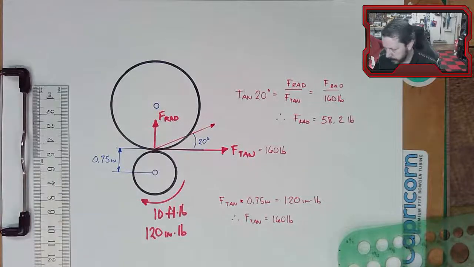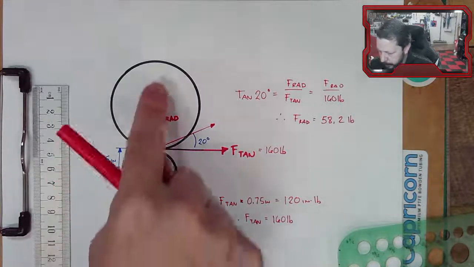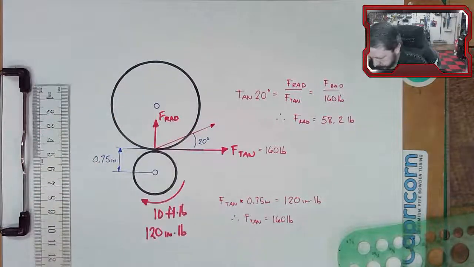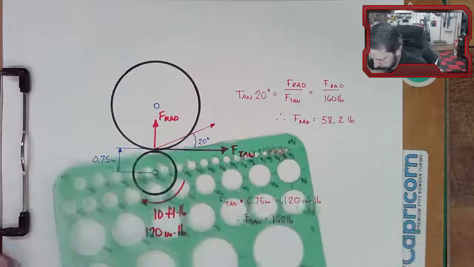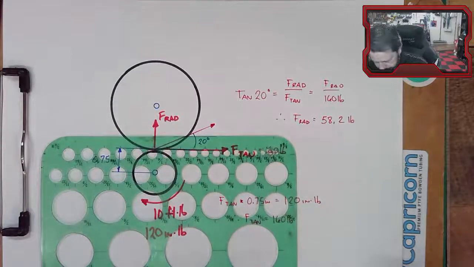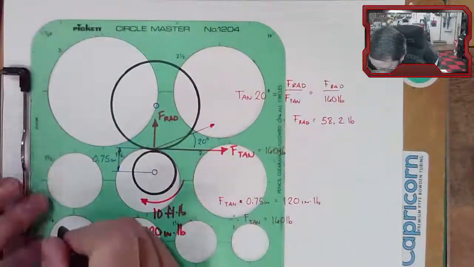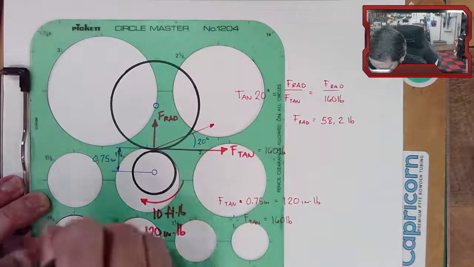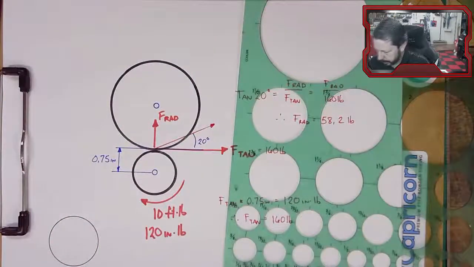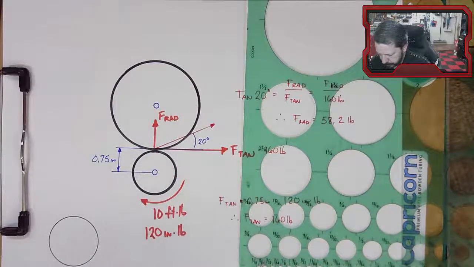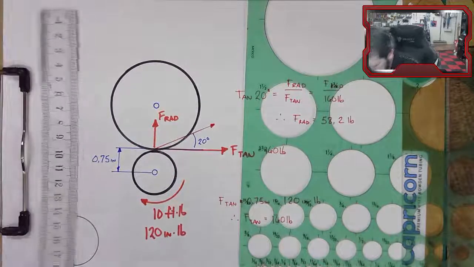Now, if I were to draw the free body diagram of just this part of it, which I didn't leave room to do, we'll just put it over here smaller. It doesn't have to be the same size, just on the same sheet of paper. I want to apply this tangential and radial force at the center of the shaft.